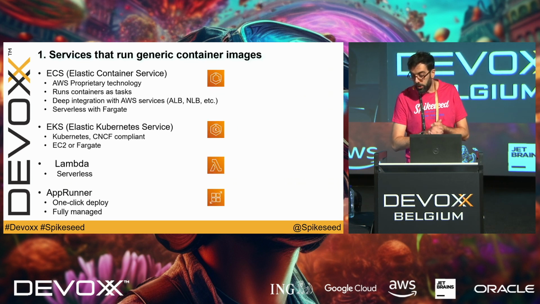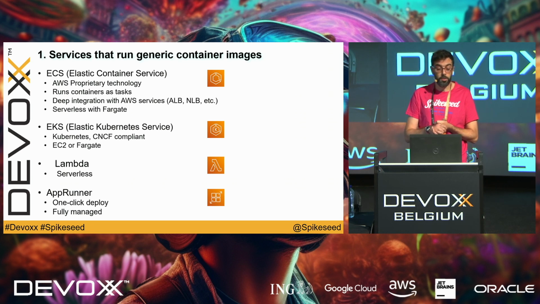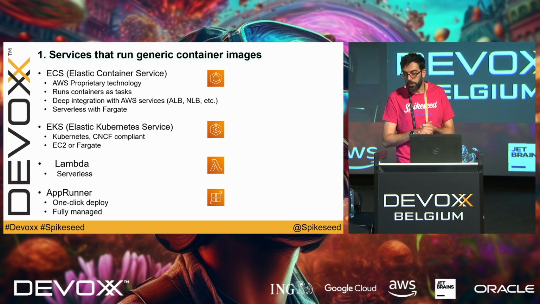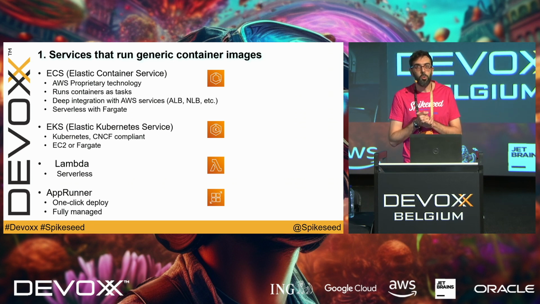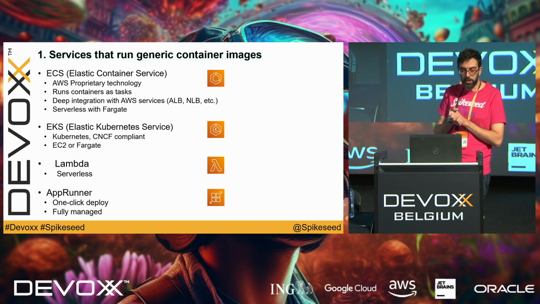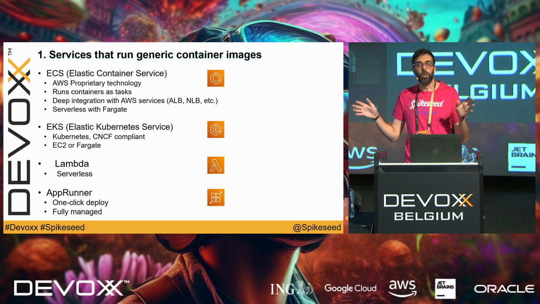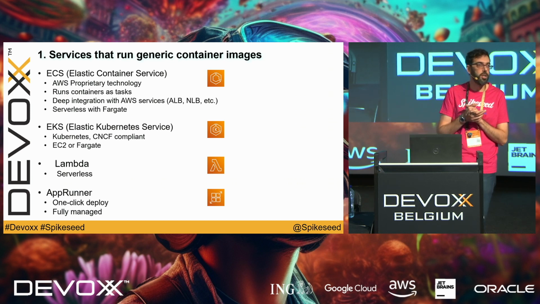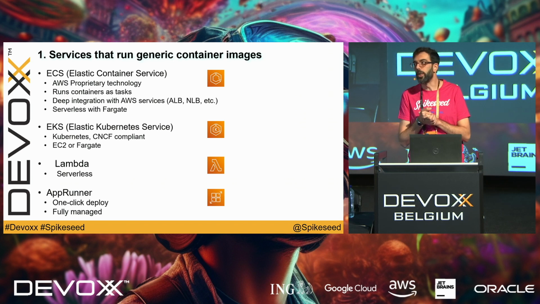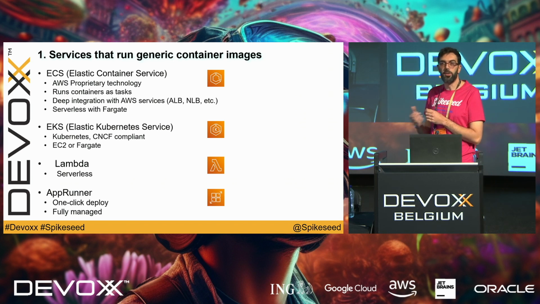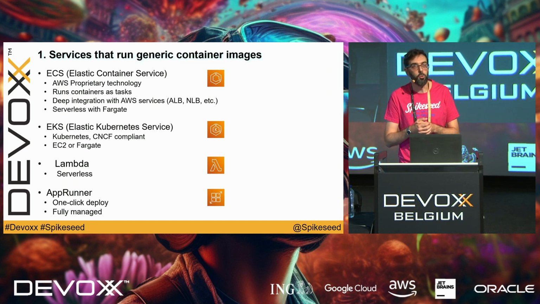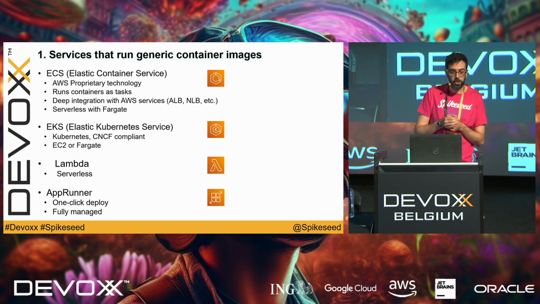So starting from the first service type, services that run generic container images, you see already we have at least 4 choices, right? So the first one is ECS, Elastic Container Service. It is an orchestrator, similar to Kubernetes, but it's not Kubernetes under the hood, so it's AWS proprietary technology. It runs containers as tasks, which is just a name that is given to an instantiation of your container image.